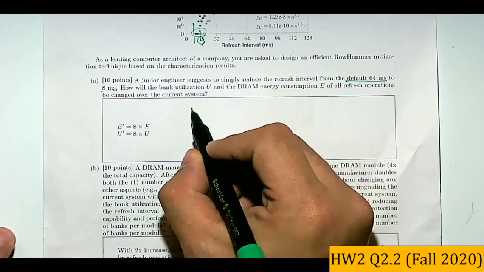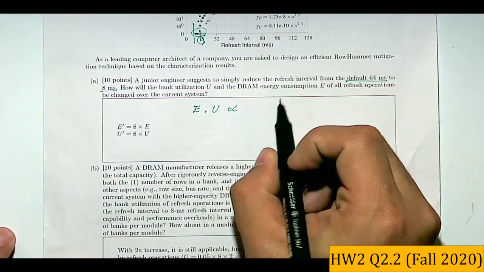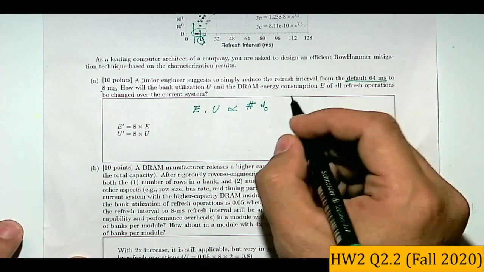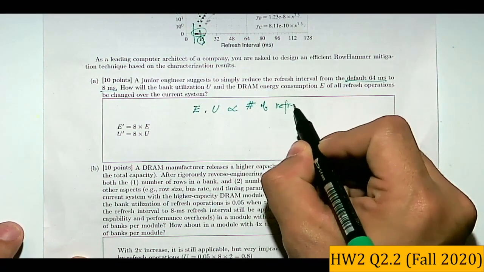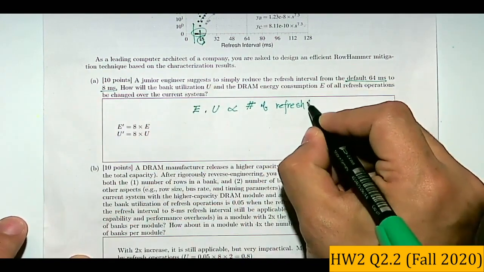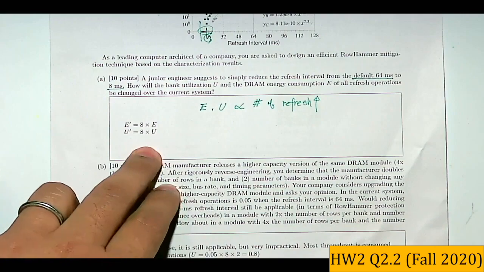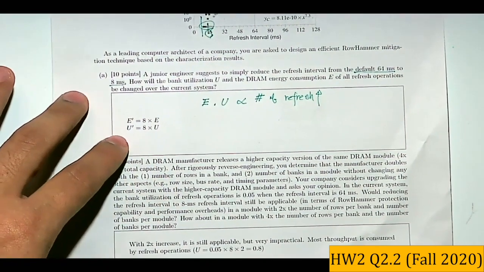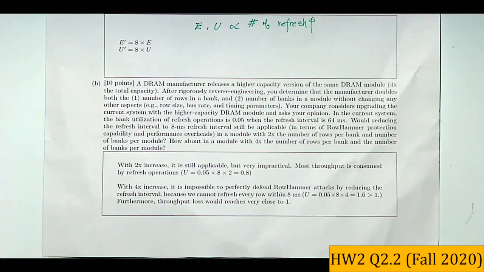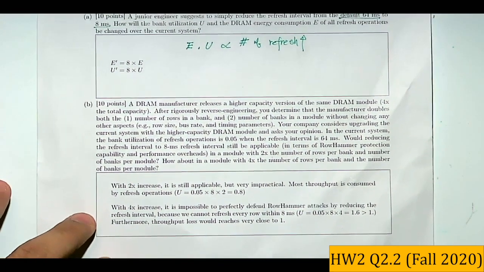So E and U increase linearly with the number of refreshes, and if we reduce the refresh interval, we increase this. So we can easily know the energy consumption and the bank utilization should both increase 8 times. Make sense? And the next question is the feasibility of this approach.